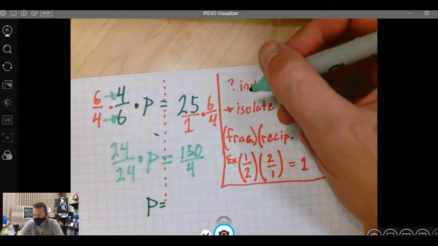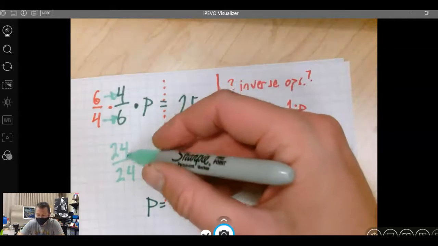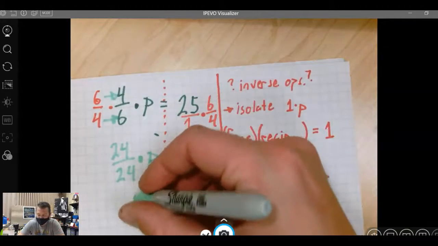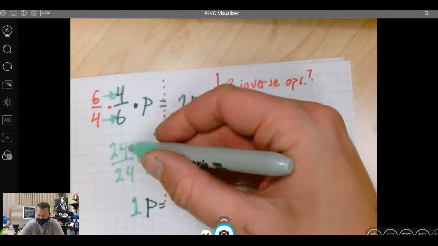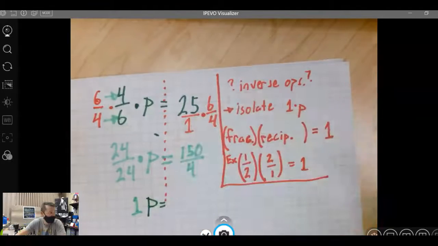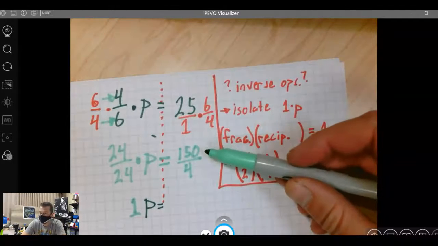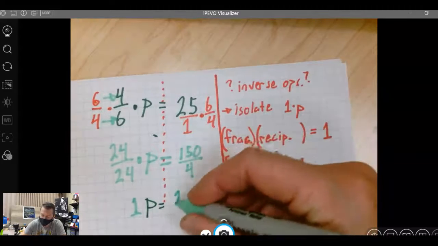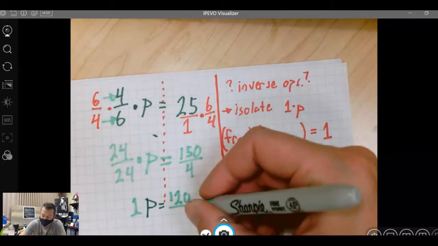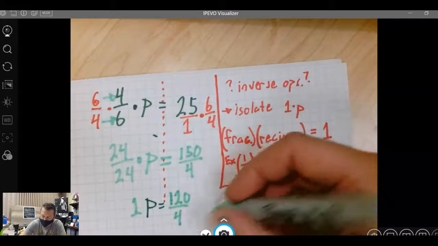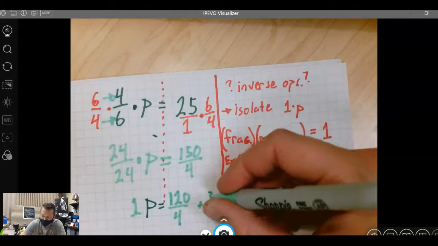Now, this isn't quite as nice as what we would like. Now, 24 over 24, that becomes 1, because we know any number divided by itself is 1. 150 divided by 4. I know that 120 would divide by 4, so let's try this. If I do 120 divided by 4, I'd still have 30 left over.